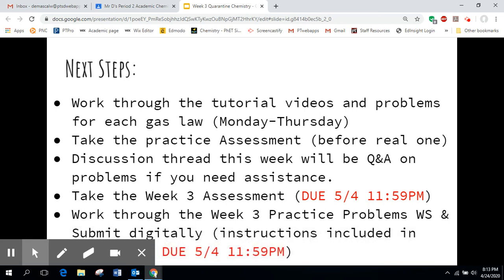Again, for this week, you've got graded wise: you've got the practice assessment, you've got the problem set that you're going to work through and submit by Monday before midnight, and you've got your week 3 test, your assessment. Those are your 3 grades for this week. The practice problems through the week are meant for just that, just practice. Let me know if you need anything.